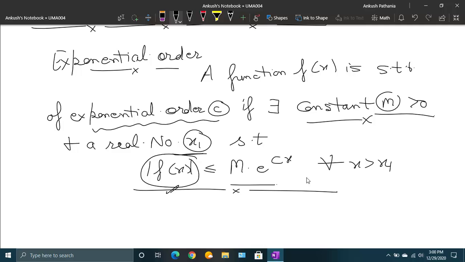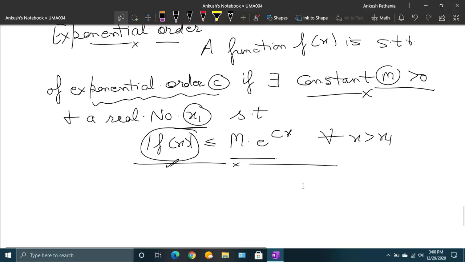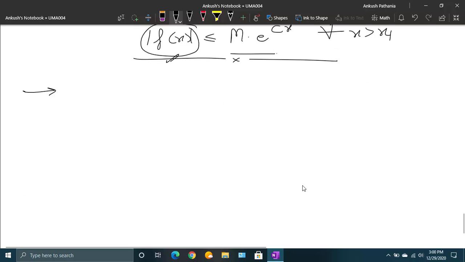So how do we now check whether a given function is of exponential order or not? Let me take an example.